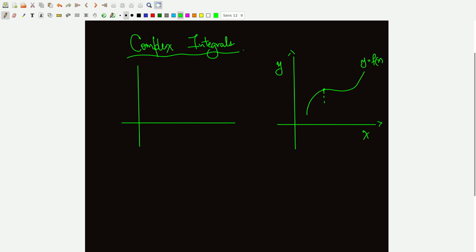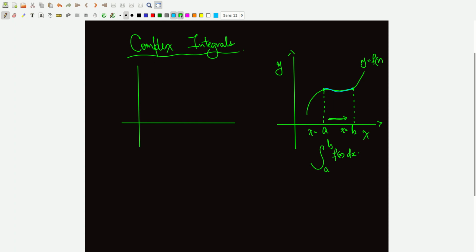Whenever we wanted to integrate between x equals a and x equals b, we represented it by the integral from a to b of f of x with respect to x. So we integrated along this line, from x equals a to x equals b. That is the path we are following here.